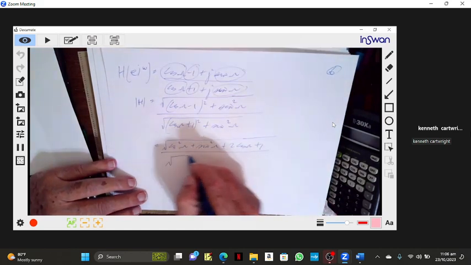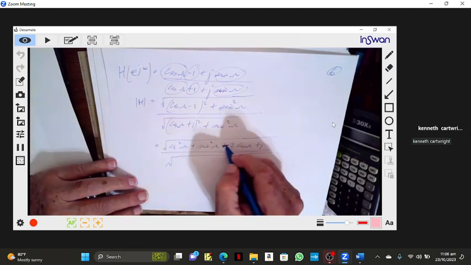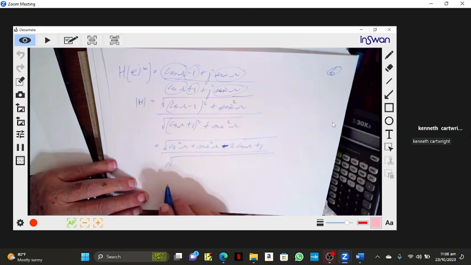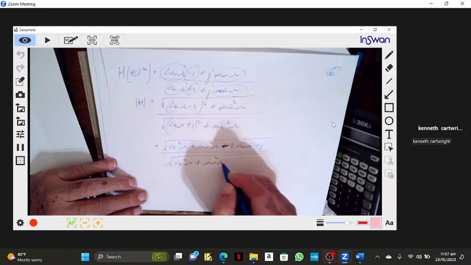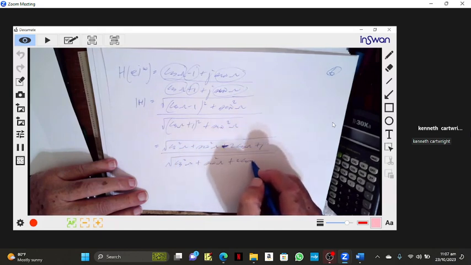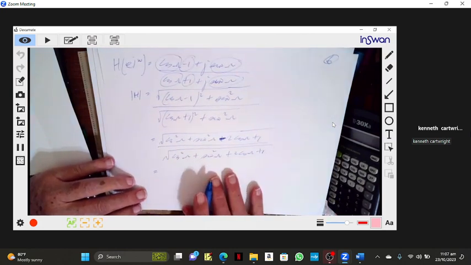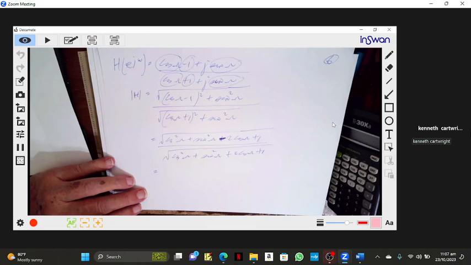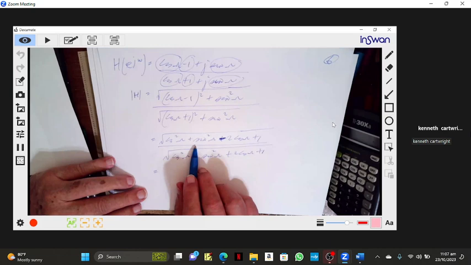Okay, and the bottom becomes, no, this is minus, sorry, minus. Cosine squared plus sine squared is 1.